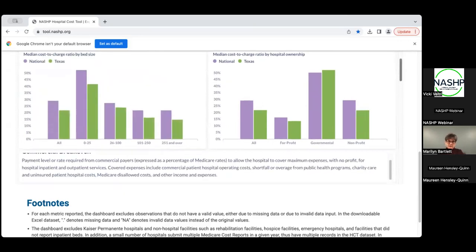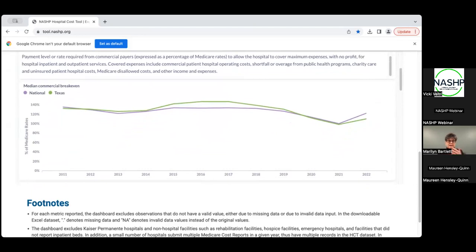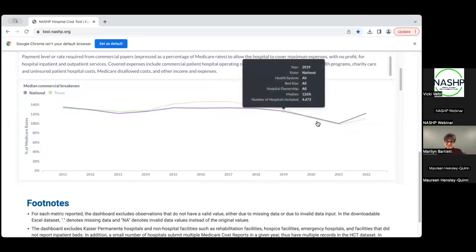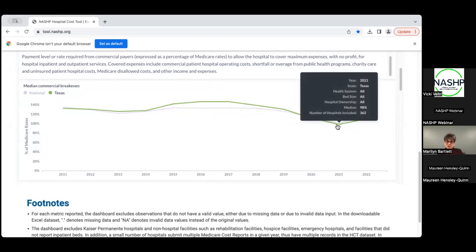And now we get down to commercial break even. This is what would a commercial payer have to pay as a multiple of the Medicare rate for that hospital to cause that hospital to break even so that the expenses cover revenues. And you see, I think it's interesting that Texas consistently followed national, dropping down to below 100% here.